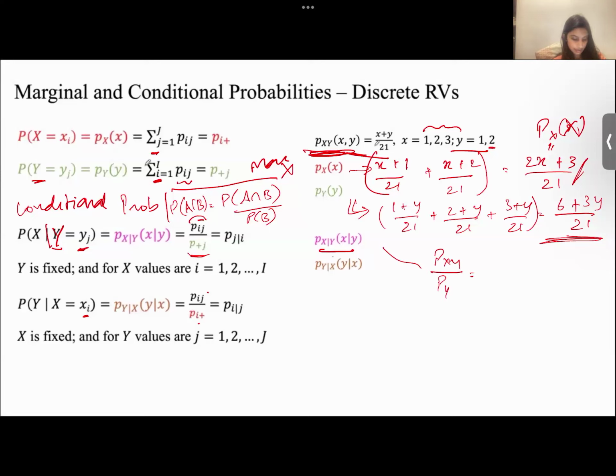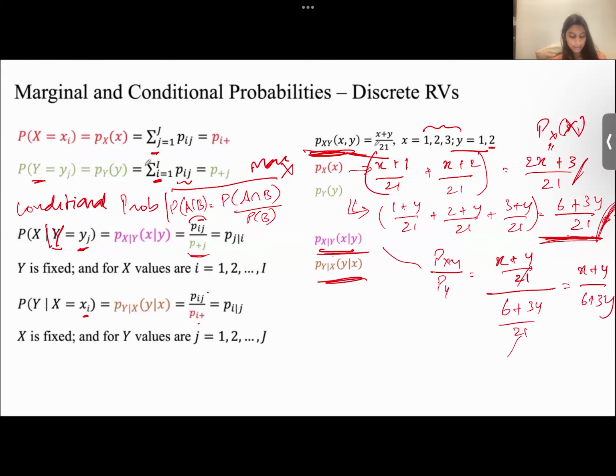The joint probability is given in the question: (x plus y) divided by 21, divided by the marginal probability of y we calculated here, (6 plus 3y) divided by 21. The 21 gets cancelled, so this would be (x plus y) divided by (6 plus 3y). So this is P of x given y.